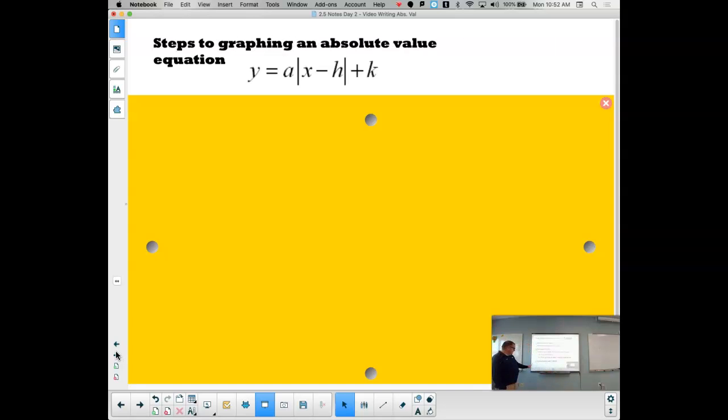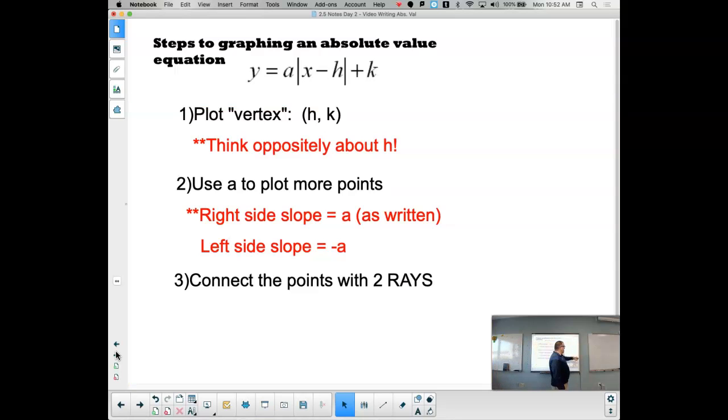The second method was using the equation method. First we plot our vertex point, h comma k. We think oppositely about h because it's inside the absolute value.